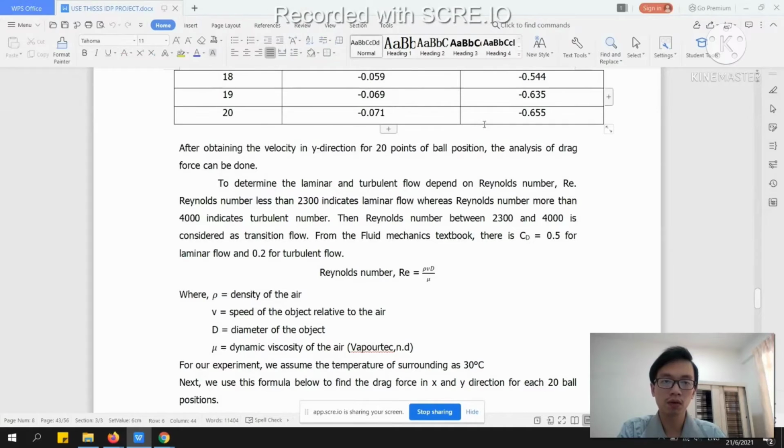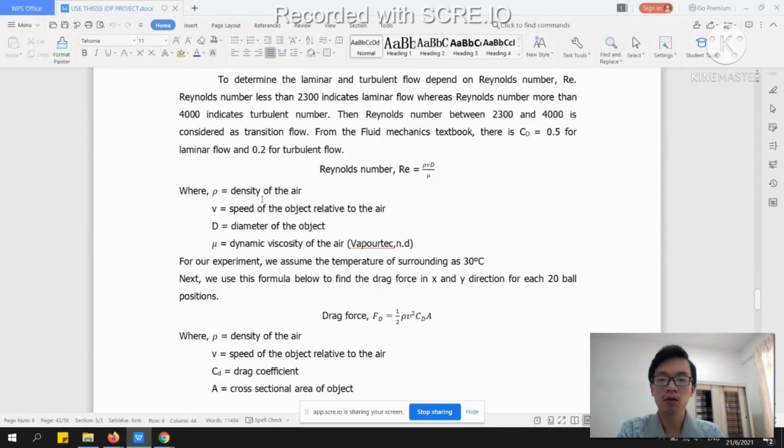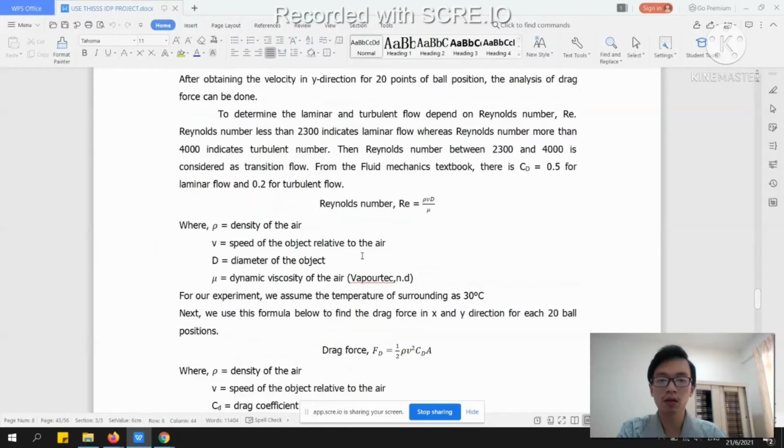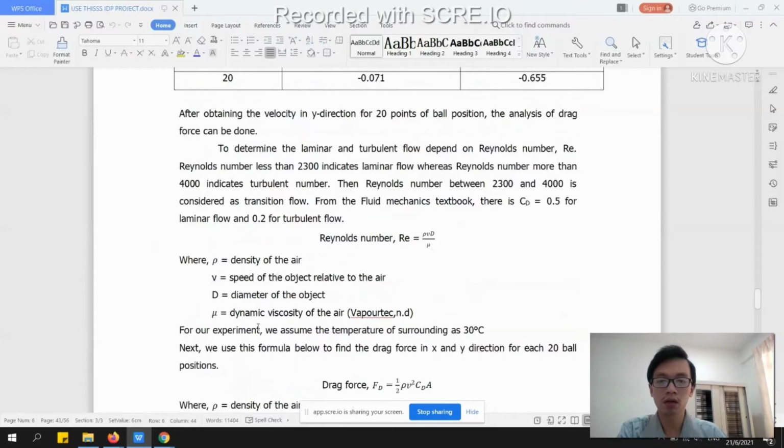We substitute the velocity into the drag force formula, but before that we need to determine the Reynolds number first. After determining the Reynolds number by using the formula listed and substituting the velocity and the other constant values, we obtain that for each point it is a laminar flow with a drag coefficient of 0.5.